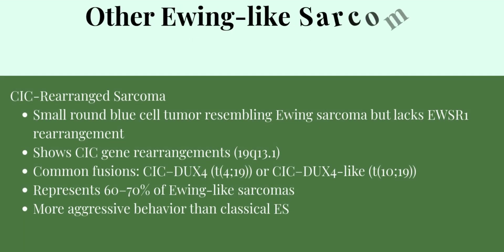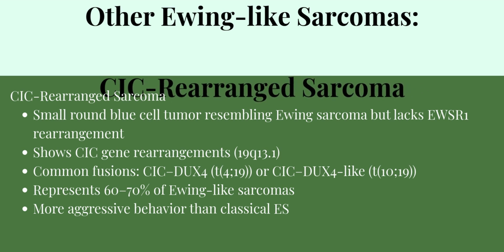In addition to classical Ewing sarcoma, there are other important Ewing-like tumors that lack the EWSR1 rearrangements. The most significant among them is the CIC-rearranged sarcoma, which accounts for nearly 60 to 70% of all Ewing-like tumors. These tumors tend to behave more aggressively.